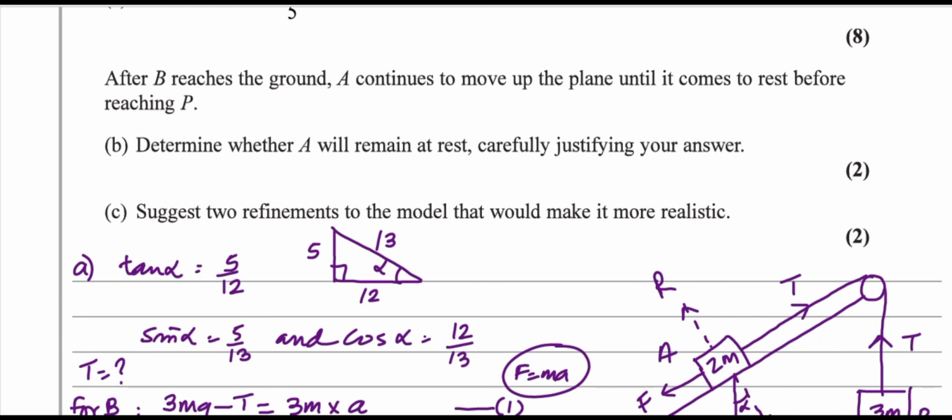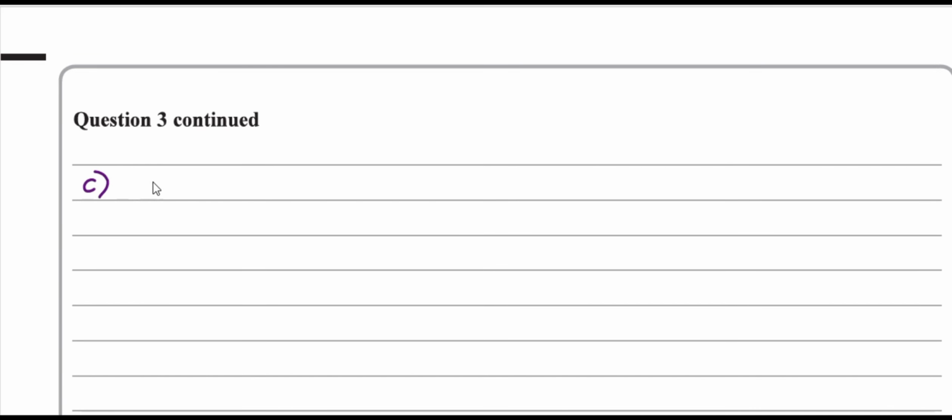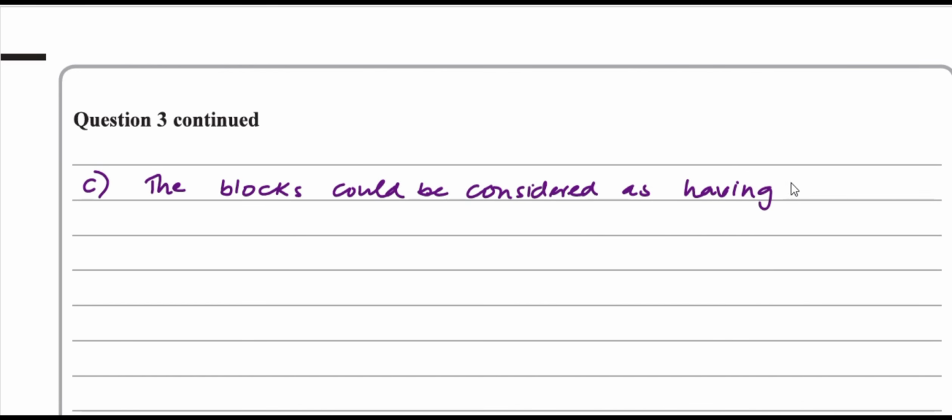Another suggestion to improve the model could be to consider friction at the pulley or the mass of the string instead of considering it as a light string. So we could say the blocks could be considered as having dimensions instead of as particles.